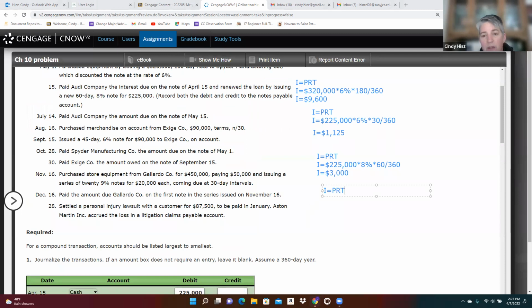So our next interest calculation, the note was for $90,000, and it was a 6% interest rate, and it was for 45 days. So 90,000 times 6%, 45 days. $675.